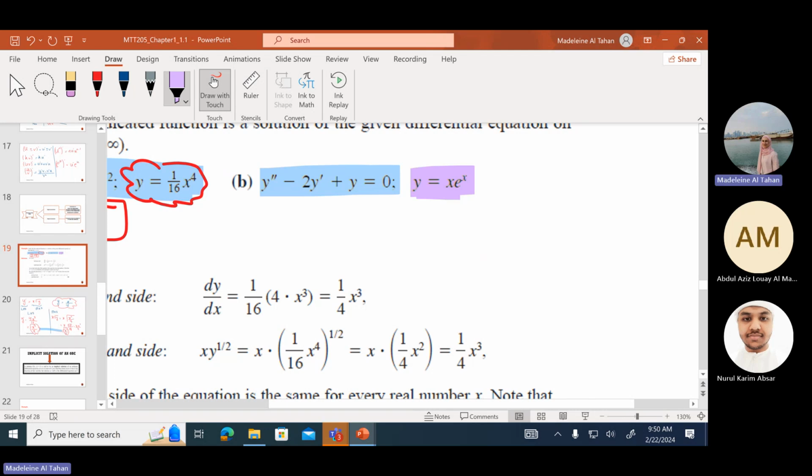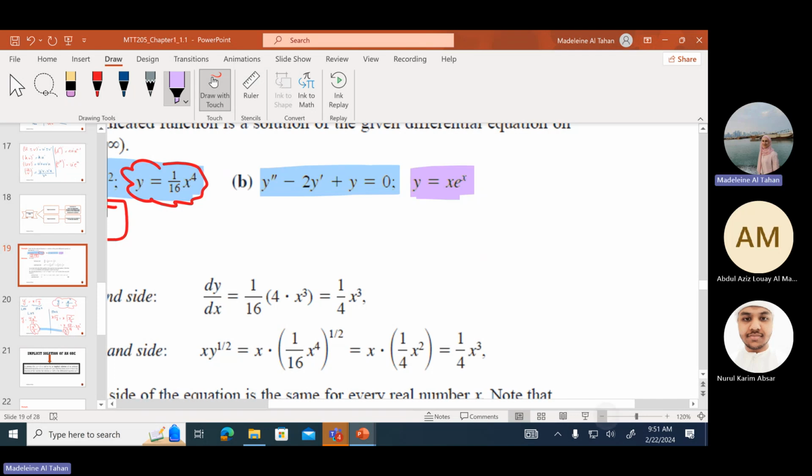Were we able to differentiate and check that it equals 0?